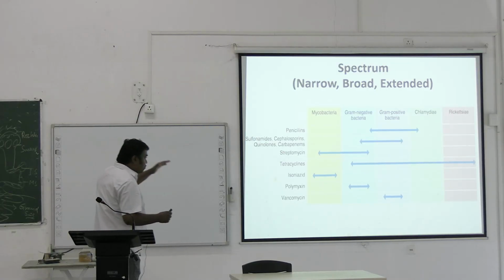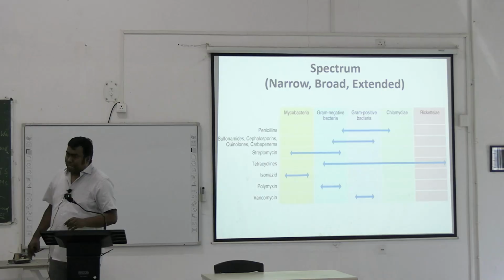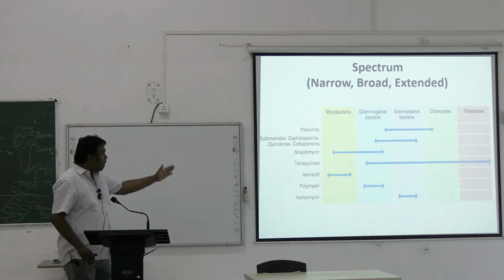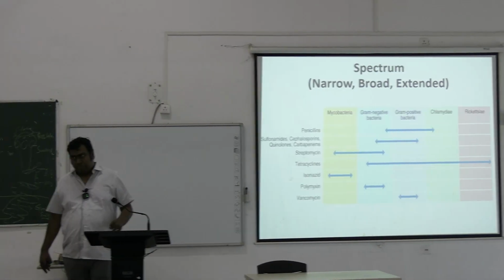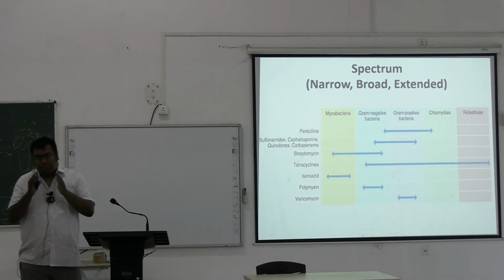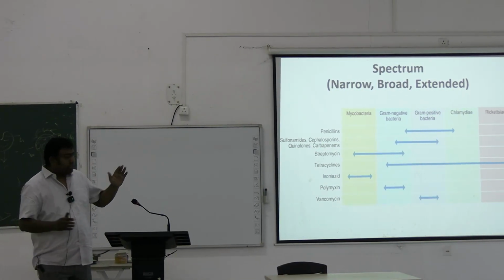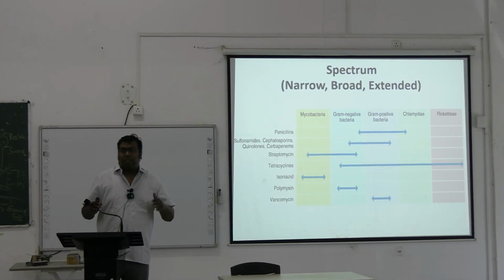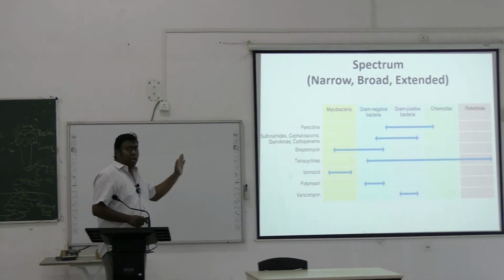Similarly, isoniazid is very narrow spectrum, only covering Mycobacterium tuberculosis. Polymyxin only gram negative bacteria, vancomycin only gram positive bacteria. Clear? So that is the difference between narrow spectrum and broad spectrum. Most drugs can cover gram positive and gram negative, like beta-lactam, some gram positive, few gram negative.